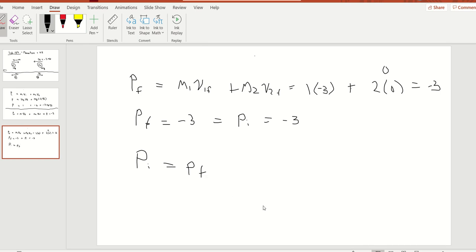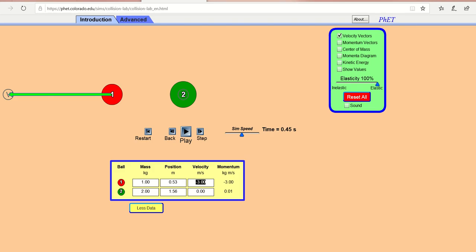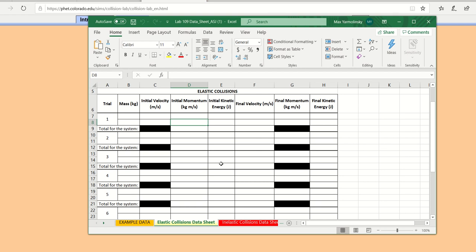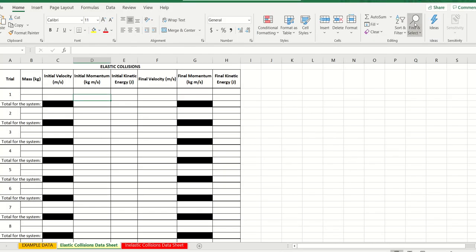So the idea for the experiment is that you're going to go back here and you're going to change, restart, and put your data into the workbook. Here's the workbook. So if you look at the workbook, the way you would enter the data is you would put mass 1 is 1 kilogram, mass 2 is 2 kilograms.